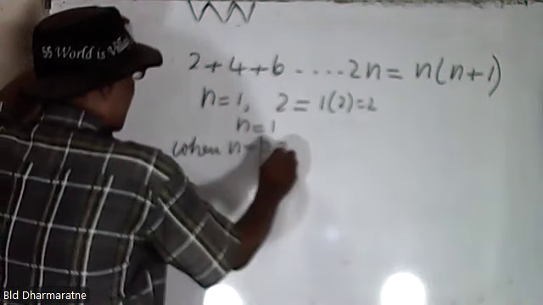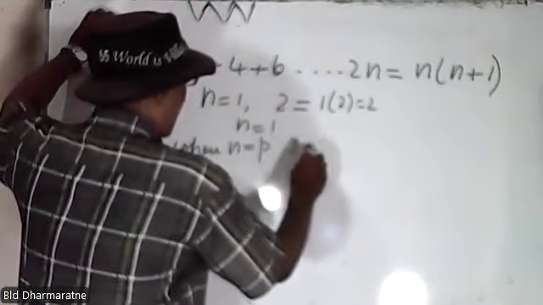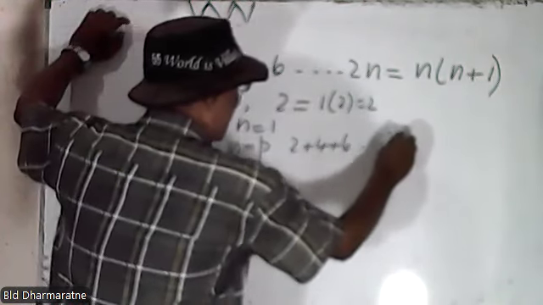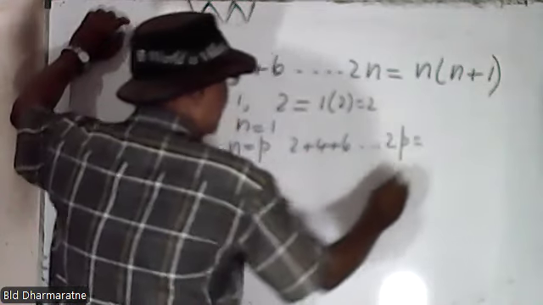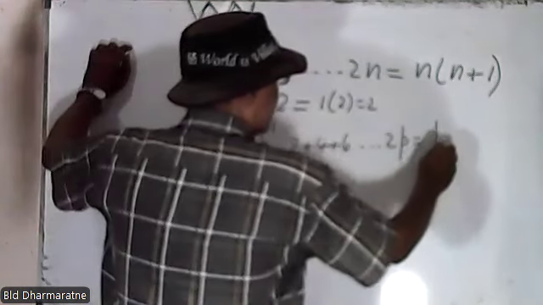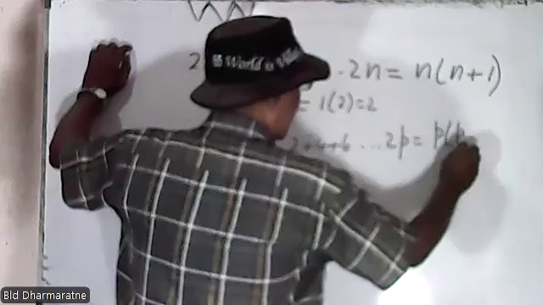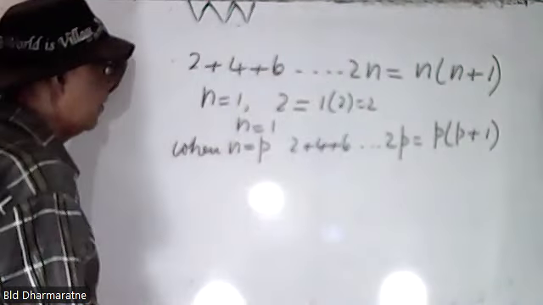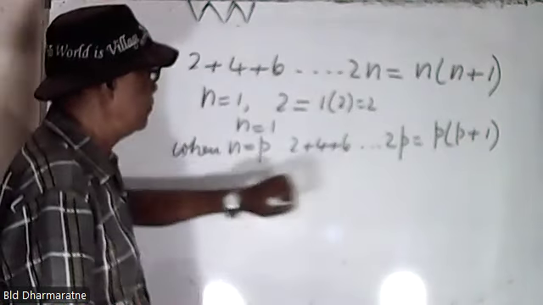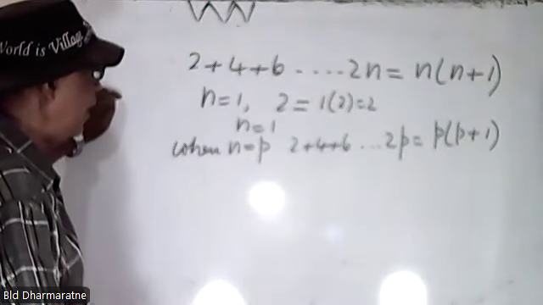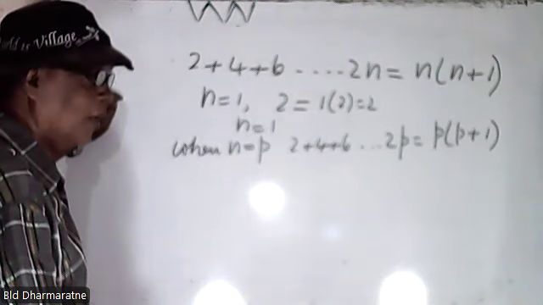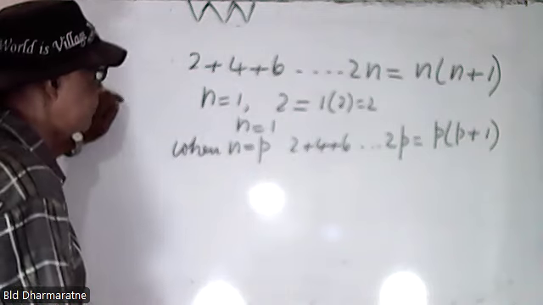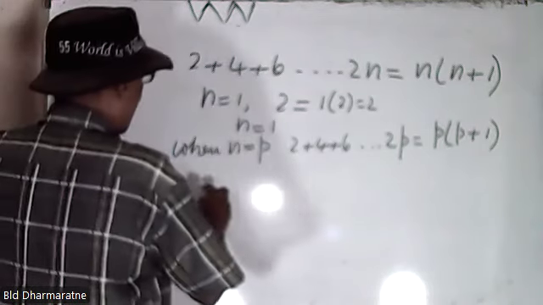Here we can say 2 plus 4 plus 6 up to 2p equals p times p plus 1. Now we assume that. Is that true? Now we are going to prove that n equals p plus 1 also satisfies this. How to do that?